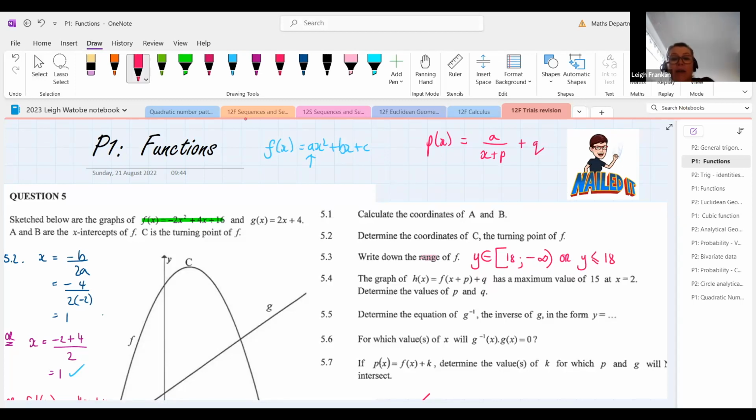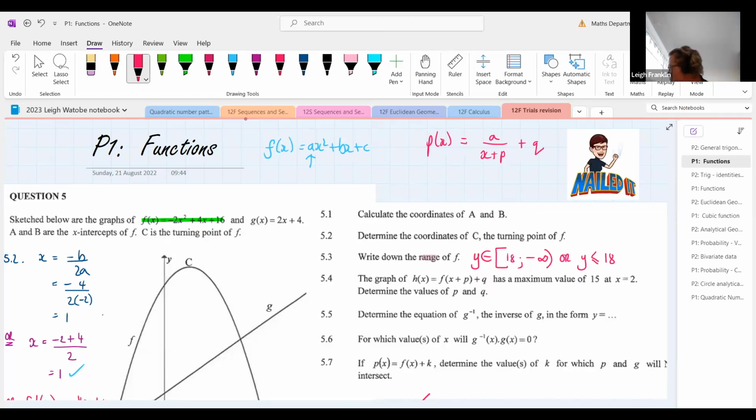Okay, so I can see why you would think that, because you've got the x plus p and then you've got the plus q at the end. But the x plus p is not in the denominator of a, right? Also, they're saying h of x equals f of x plus p. So in other words, what they're trying to imply by the functional notation is that h of x is a transformation of f of x.